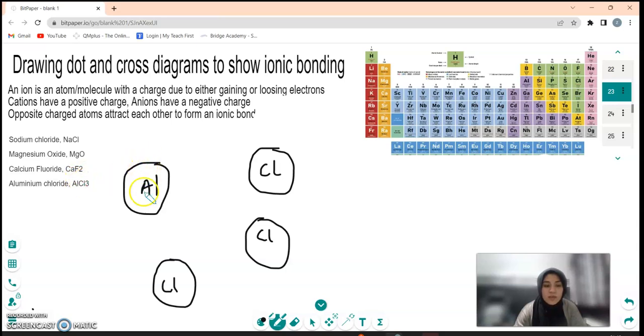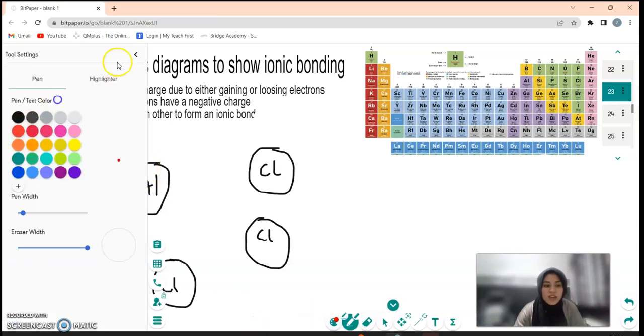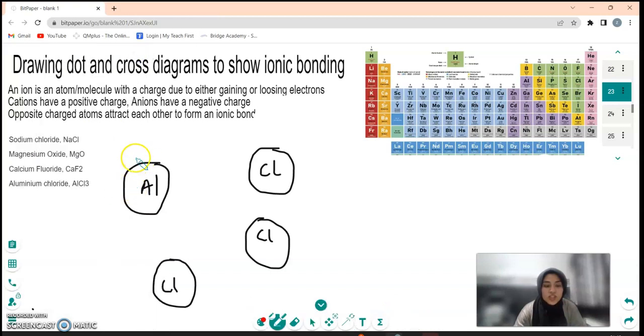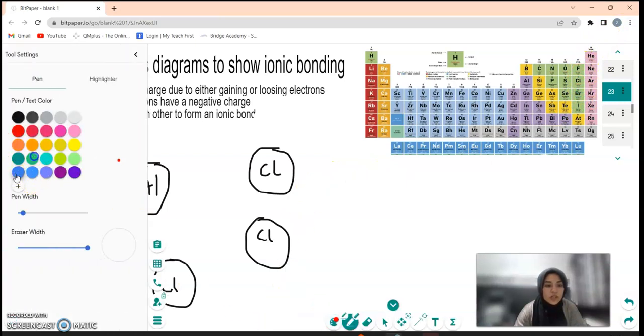So for aluminium, you would draw 3 electrons on its outer shell. So 1, 2, and 3. And because chlorine is in group 7, it will have 7 electrons on its outer shell.